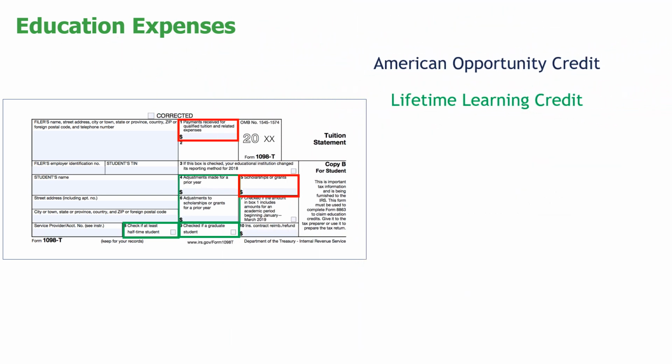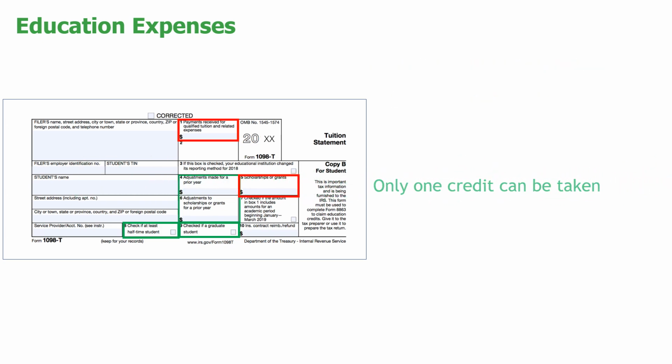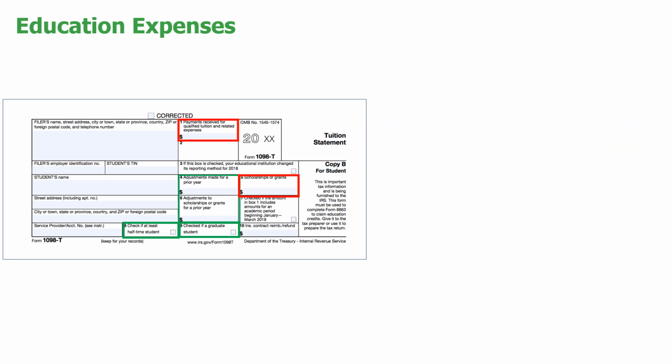Taxpayers who have qualified education expenses can claim education credits for themselves, their spouse, or their dependents who are enrolled in an eligible post-secondary educational institution during the tax year. Generally, this applies to universities, colleges, or vocational schools.